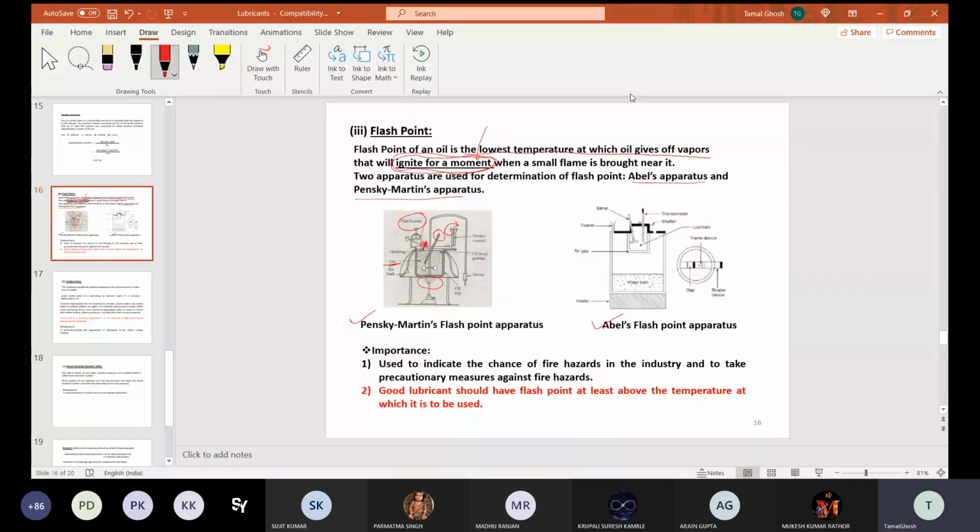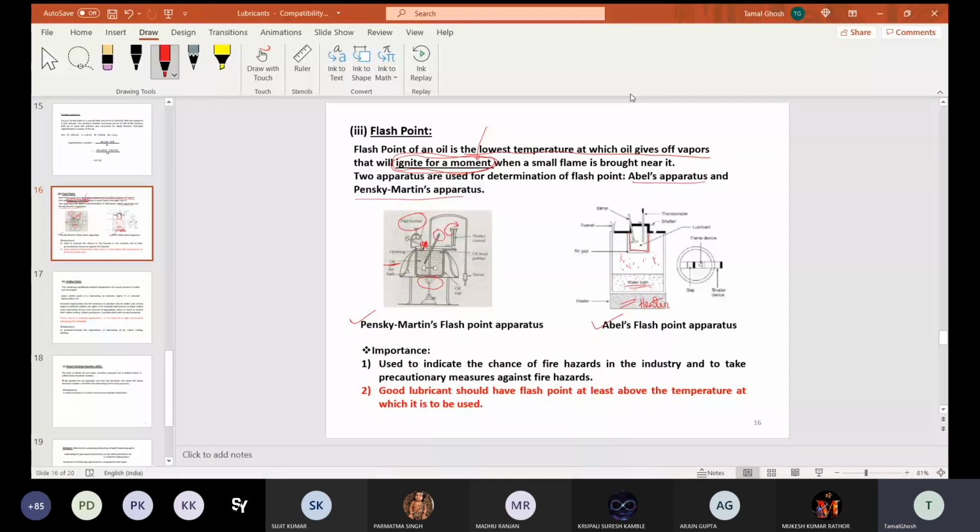In Abel's apparatus, this is our heater, and this is your water. As the water is heated, water vapor will be generated. This water vapor will heat this oil cup indirectly.